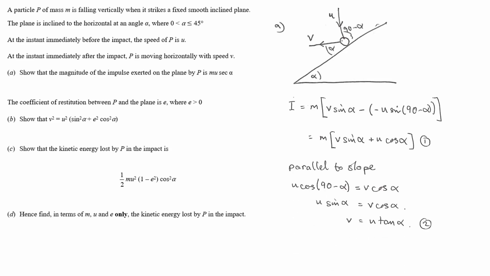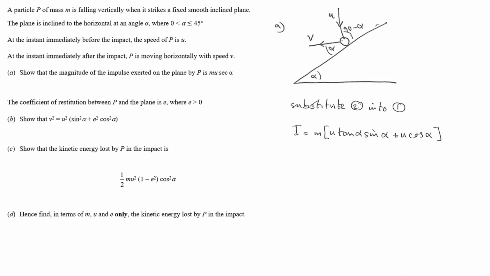And then I did parallel to the slope. U cos 90 minus alpha is equal to V cos alpha. Cos of 90 minus alpha is sine alpha. And then what I've done there is divided through by cos alpha. So V is equal to U tan alpha.